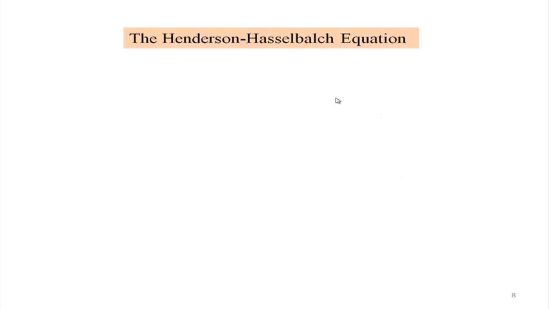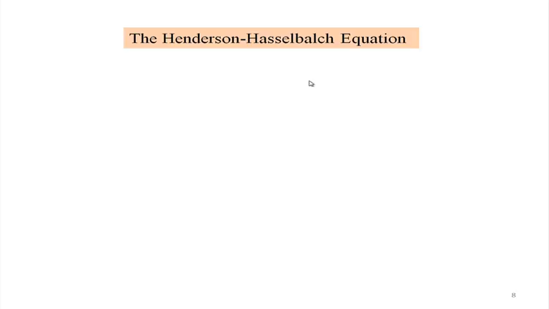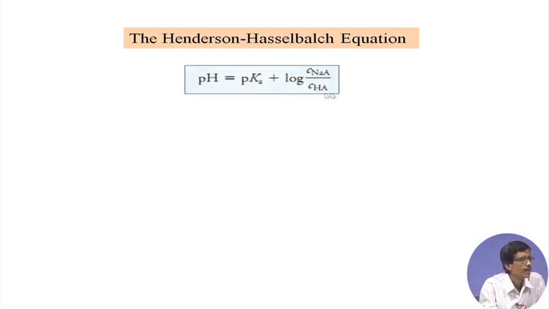So, these two things, the control of the pH and how the buffered medium is formed, can be described by a simple equation which is known as the Henderson-Hasselbalch equation. The Henderson-Hasselbalch equation tells us how we get the pH of a buffered medium.